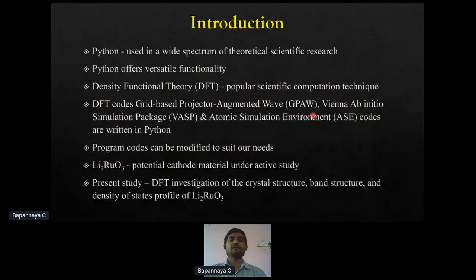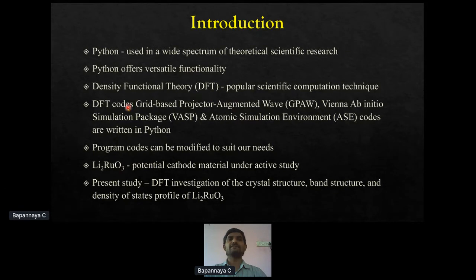So, a brief introduction. As we know, Python has been used in a wide variety of theoretical scientific research activities because it offers versatile functionality and powerful integration. And density functional theory is a popular scientific computational technique to study various properties of materials. It is widely used in physics, chemistry, and material science.